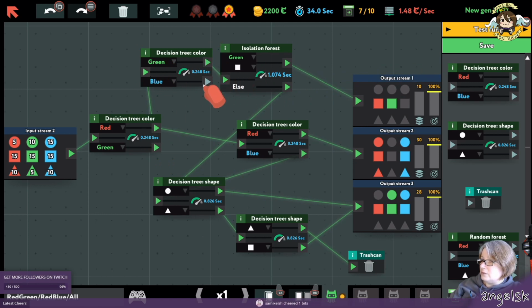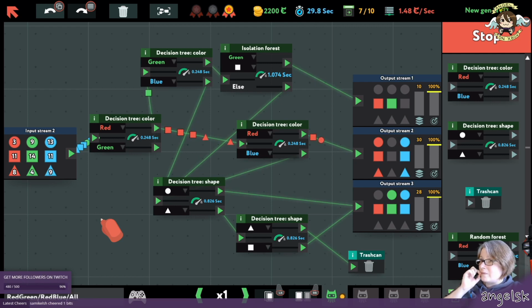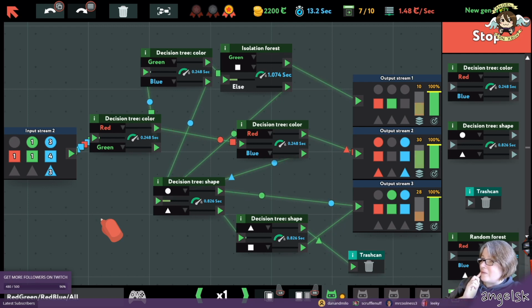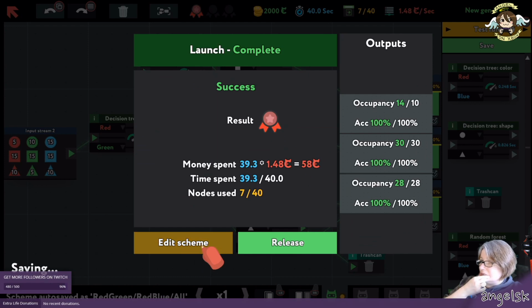Right, just filter the greens, then put the blues down to this. Okay. No, we're gonna edit the schema.